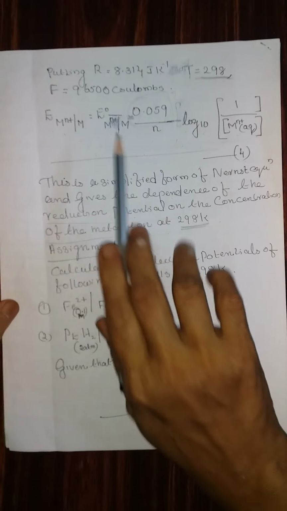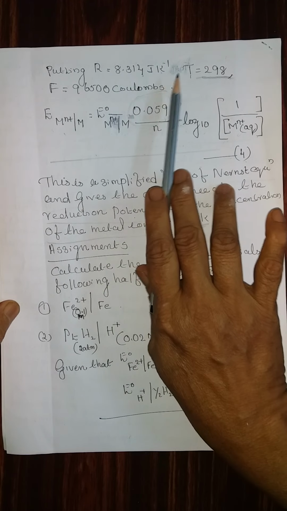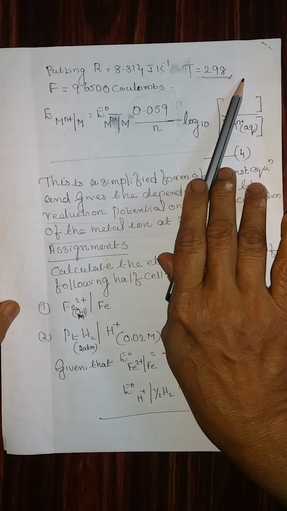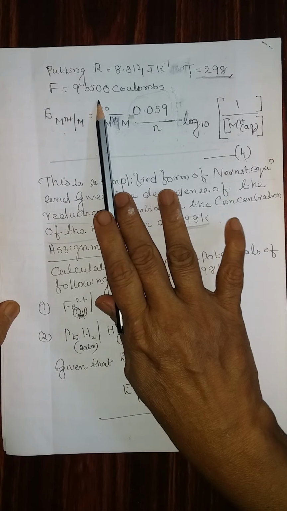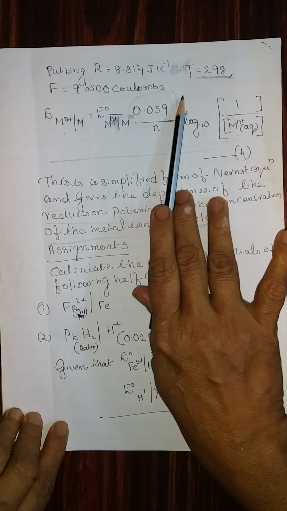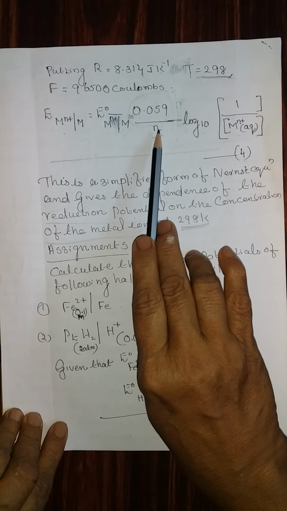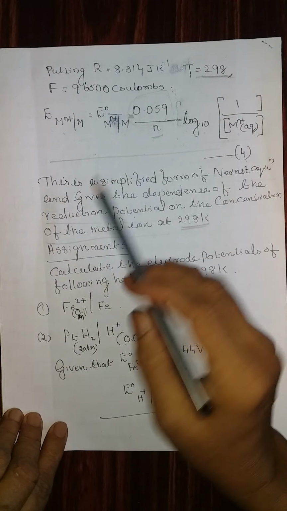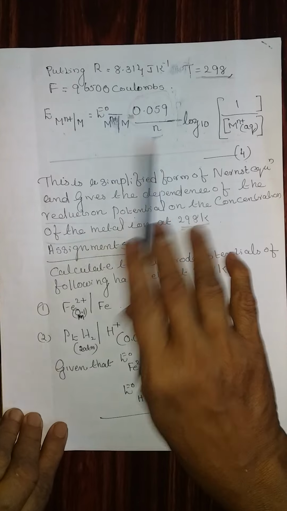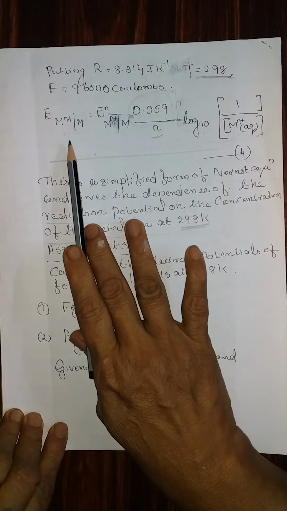For example, R is equal to 8.314 joules per Kelvin, T is equal to 298, F is equal to 96,500 coulomb, and in that case the only unknown value is N, because depending upon the cell reaction this N will vary. Sometimes it may be equal to 2. Therefore, you have to substitute depending upon the cell reaction.